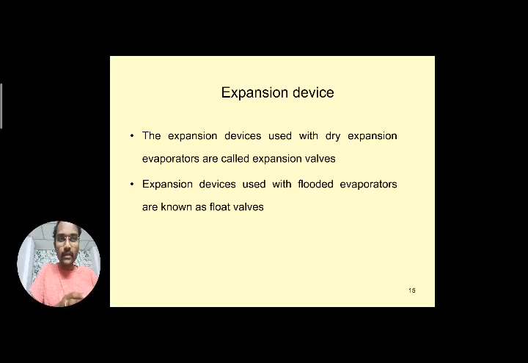It's not completely filled with liquid. There, the devices are called expansion valves. If you take flooded evaporators, we will see the types: dry evaporators and flooded evaporators. In the case of flooded evaporators, the expansion devices used are known as float valves.